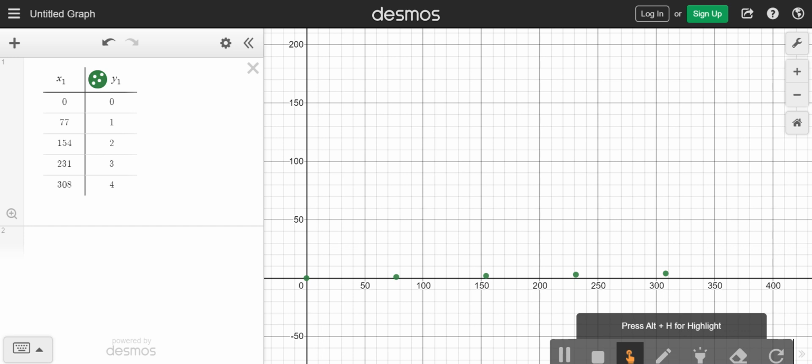Go ahead and pause the video and reflect about and compare how this is similar and different to the graph we sketched. All right, after thinking about it, both of our graphs, the one we sketched and this one, show a straight line.